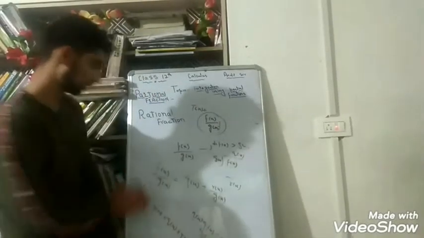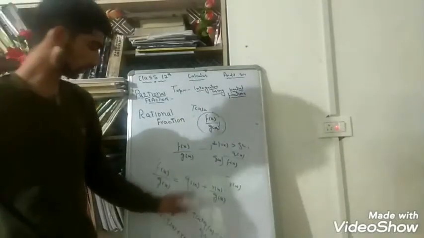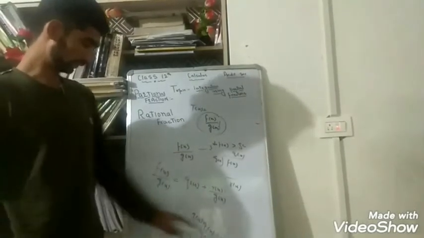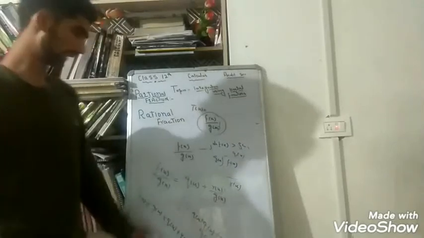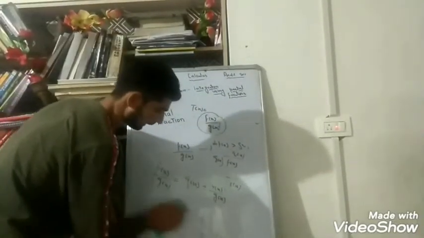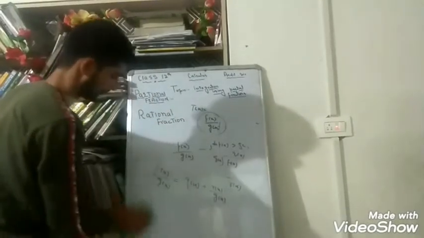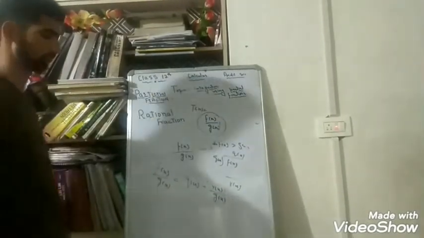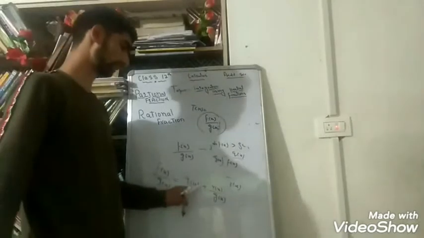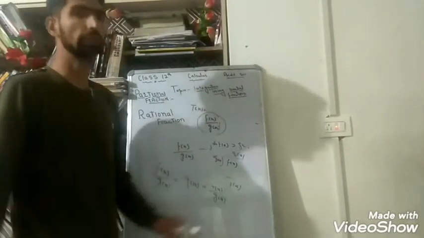The g(x) will get cancelled, and we get f(x) equal to q(x) into g(x) plus r(x), that is the Euclid division. So by Euclid division lemma we can write f(x) divided by g(x) is equal to q(x) plus r(x) divided by g(x).